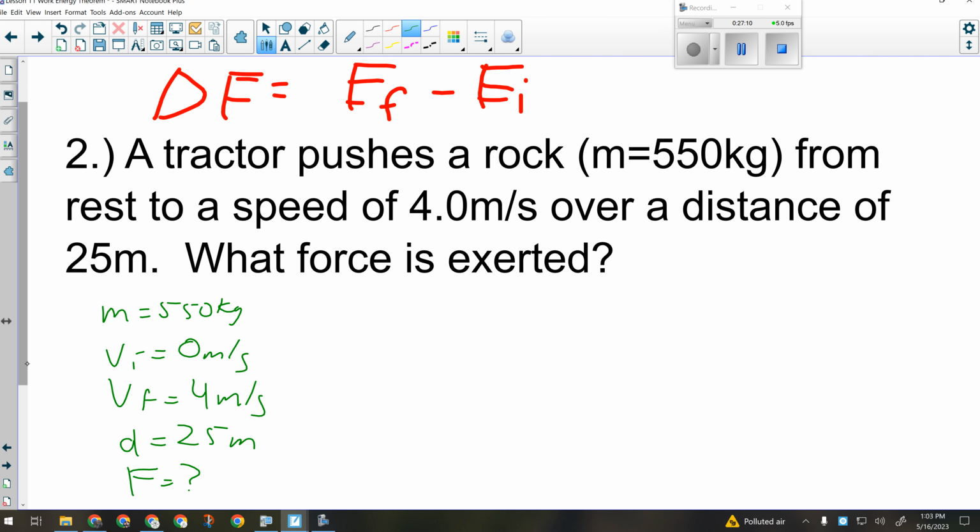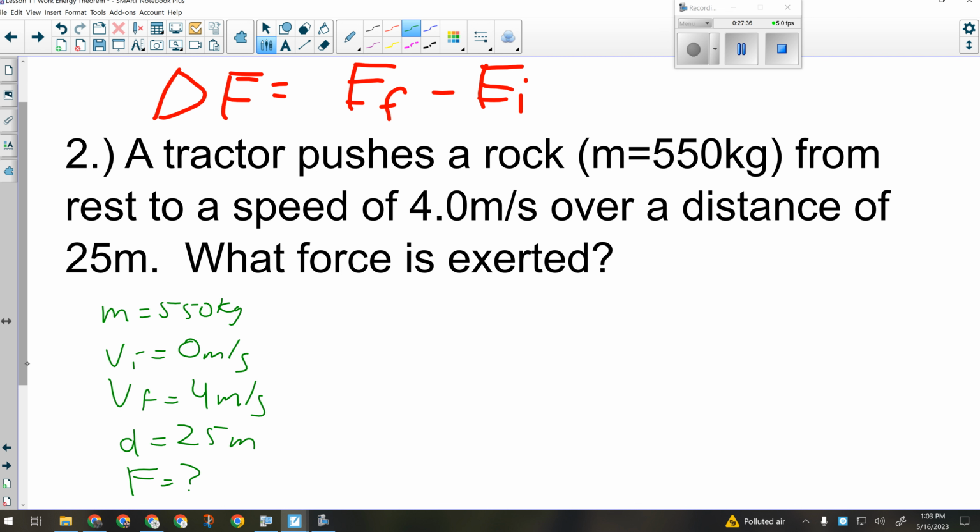If there's a change in speed, what kind of energy is the work changing? Kinetic. Speed has to do with kinetic energy. That's what I have to get from the context of this question. I know the object's being pushed. I know it's being accelerated. Acceleration means the speed is changing, and a change in speed means there's a change in kinetic energy.